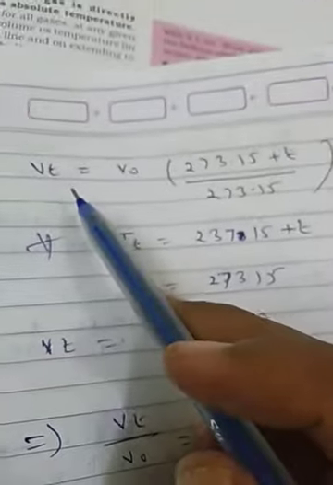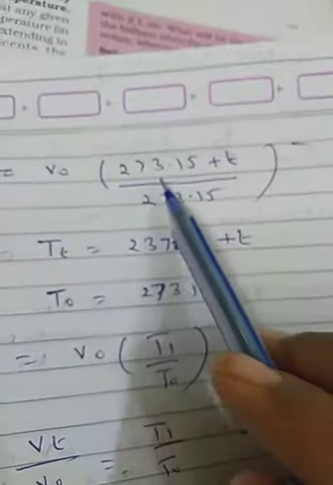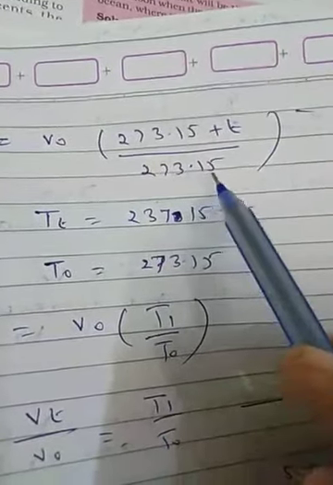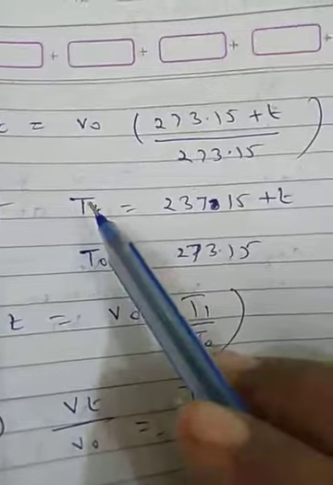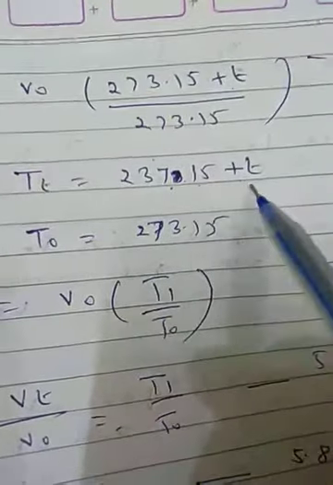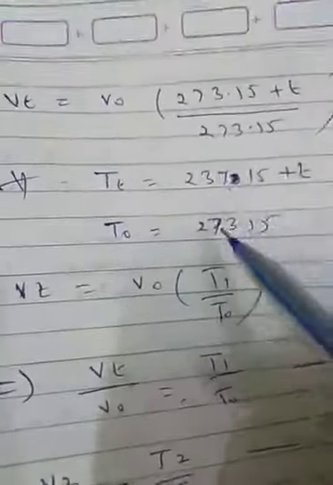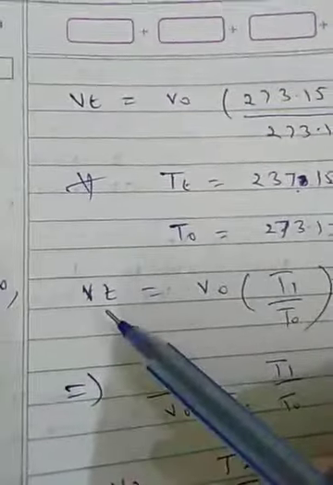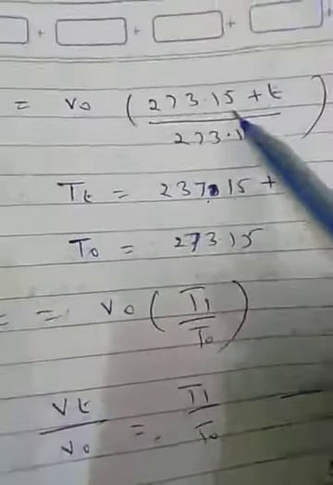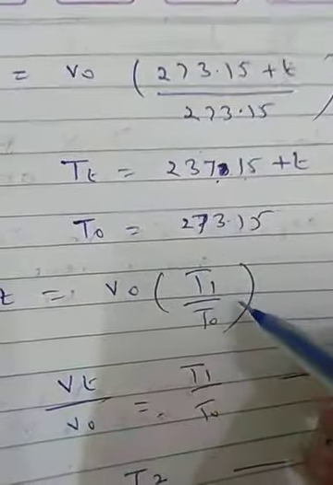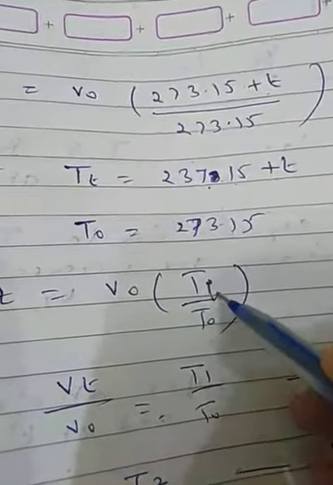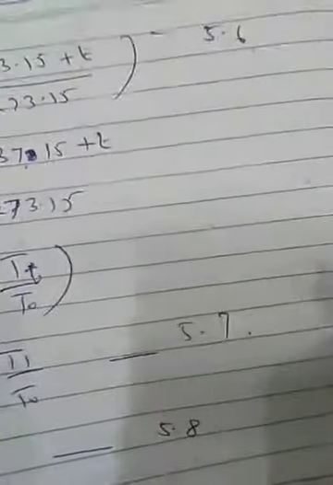Now again I am repeating our equation 5.6: Vt is equal to V0 plus 273.15 plus T upon 273.15. Earlier I told capital T is equal to 273.15 plus T, and T0 is equal to 273.15. So by putting these two values in this equation, Vt is equal to V0 times Tt upon T0.